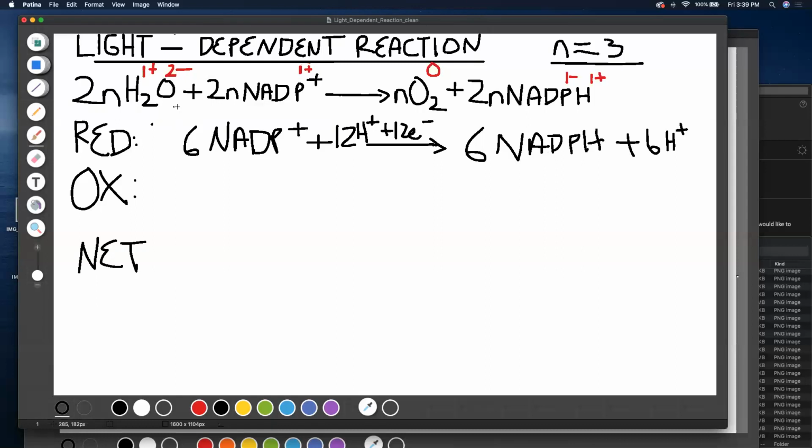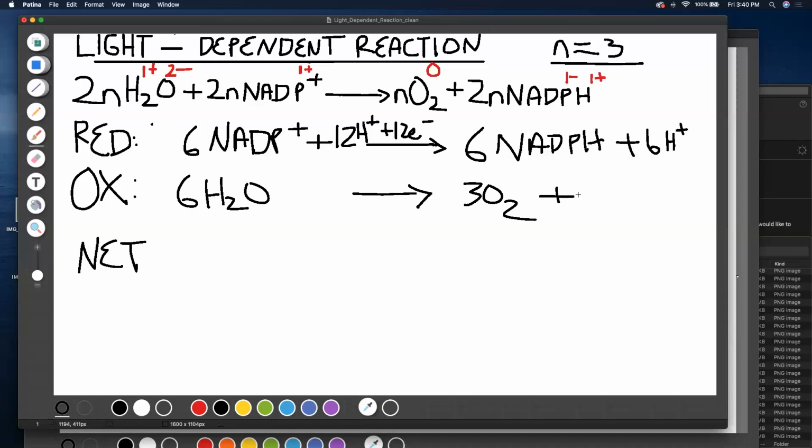We have water. It's being split into molecular oxygen. So we can put in 6 H2O, and we saw this on the previous overall reaction. We balance it similarly.